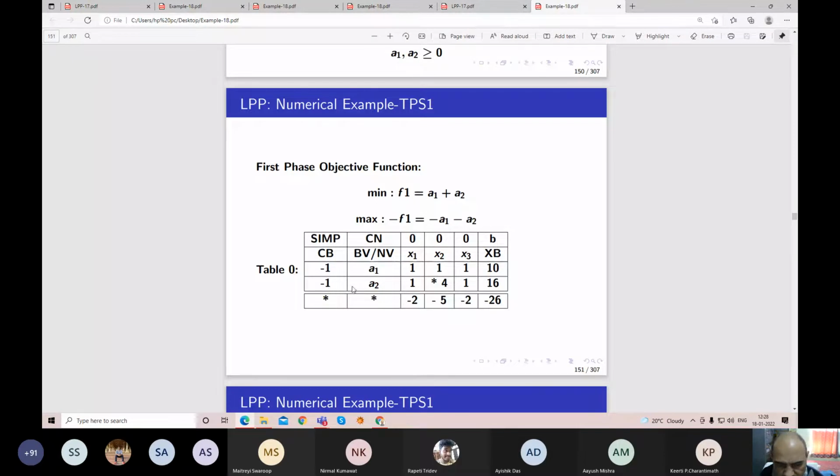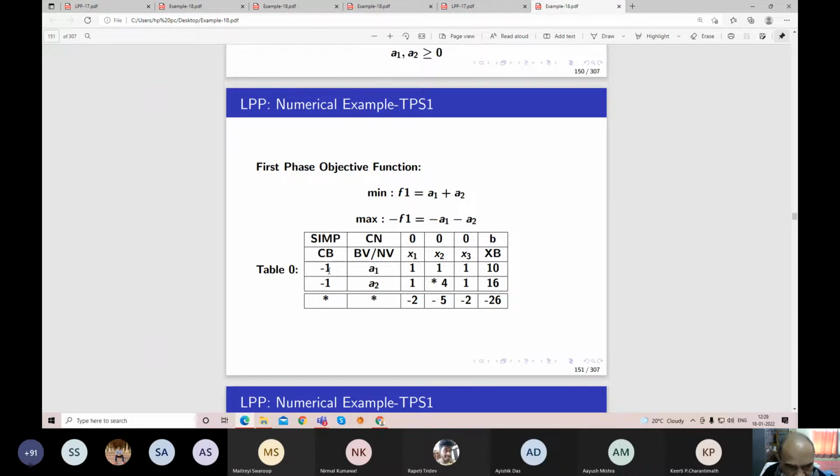Okay. Once that is complete, we fill up the last row of the simplex table. I am explaining how we got -2, -5, -2, -26. The inner product of -1, -1 with 1, 1: their sum is -2, minus 0, that is -2.